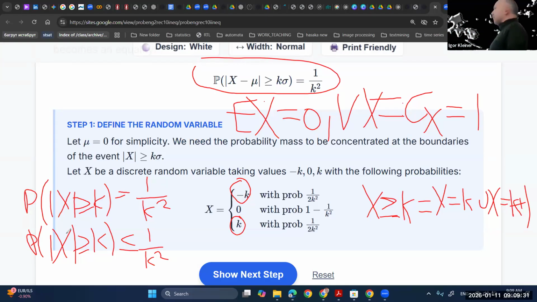In general, you need to find this sum: k plus 1, k plus 2, until infinity. For this random variable, those are 0, because they're disjoint.